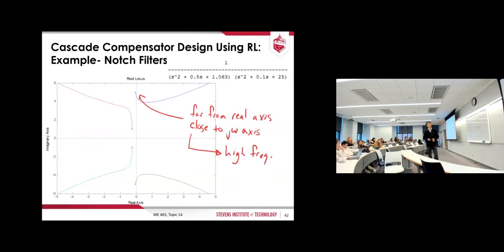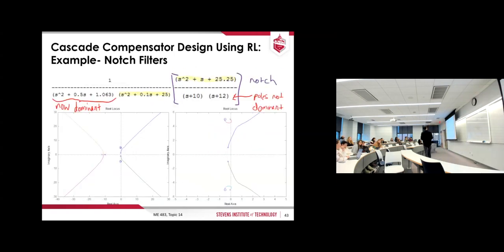How do you remove that? So now you have complex conjugate poles here, and then you have poles near the imaginary axis, very close to the j omega axis. Now we put the notch filter, in which you put zeros very close to these poles, okay?